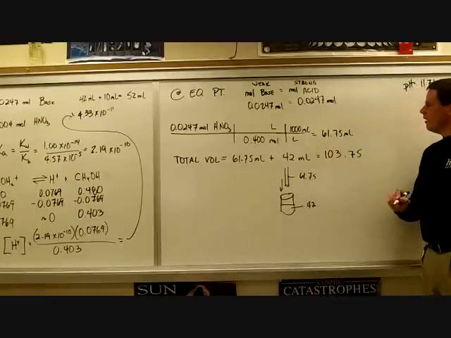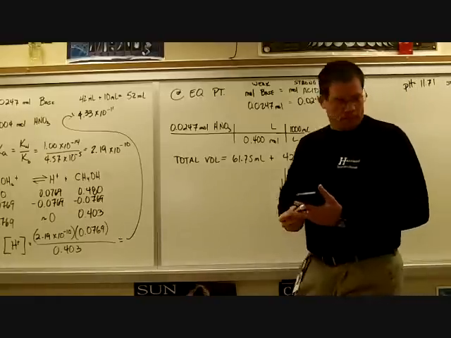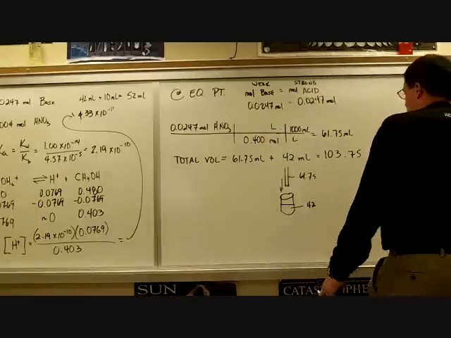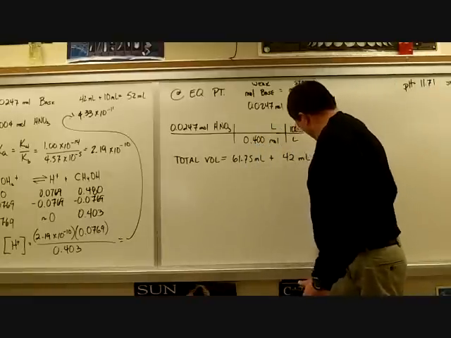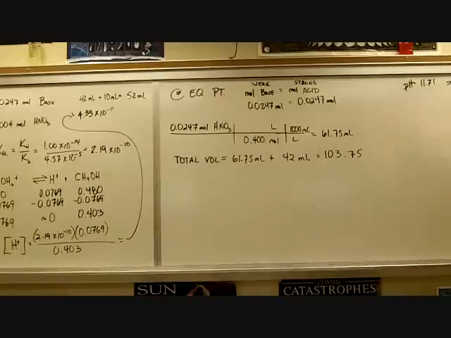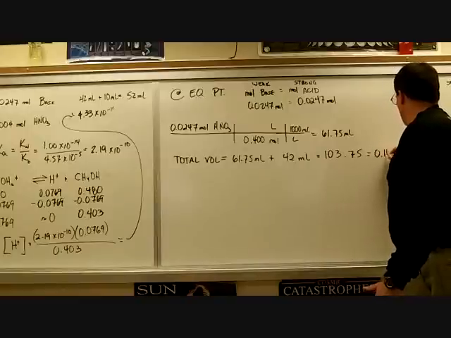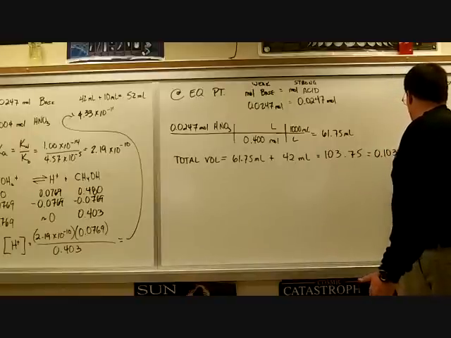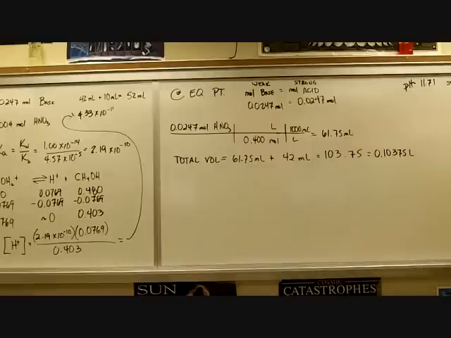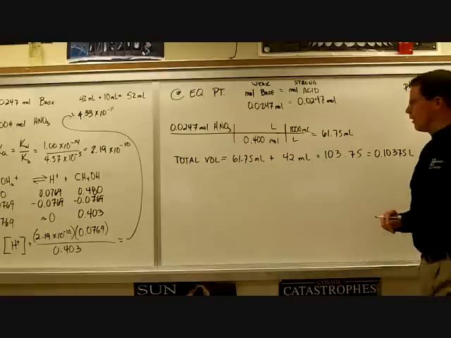I don't know what I'd do without a calculator. All right, so knowing that's our total volume, then that's really 0.10375 liters. And again, don't round too much at this point.